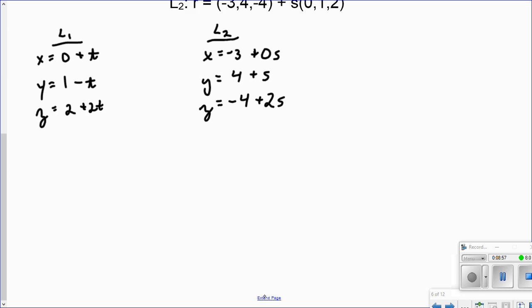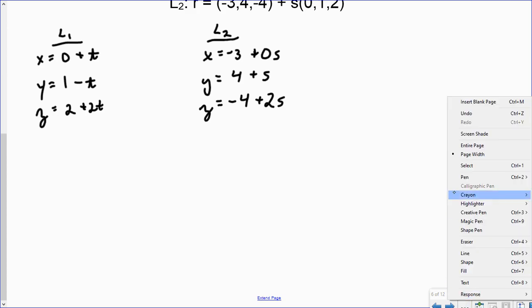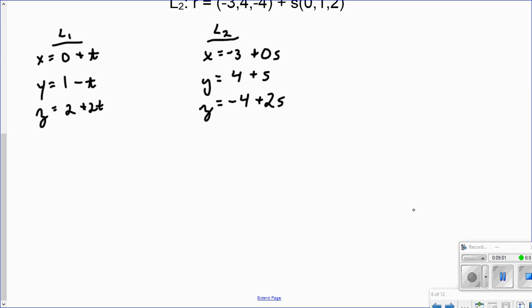Now I'm going to equate my variables. So what I'm doing next is setting these two equal to each other, setting the x components equal to each other, then the y components, and then the z components. I'm going to change my pen color.